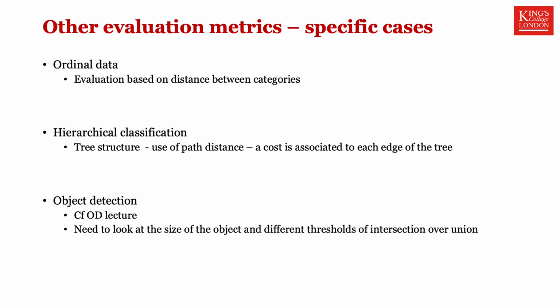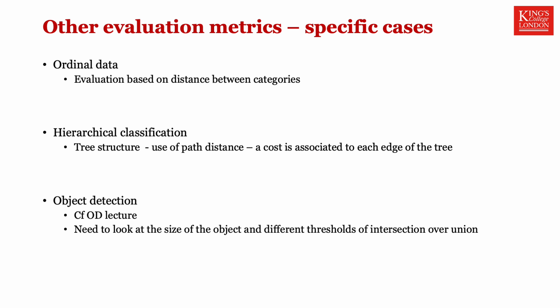So for instance, with ordinal data, you can base your evaluation on the distance between the categories. With hierarchical classification, you have a tree structure, and again, you can build paths of how one solution changes compared to the other. You use the path distance to associate a cost for spending time on a specific edge on a specific path that leads you to the erroneous classifications that you made.